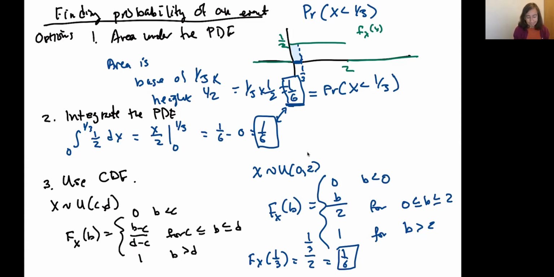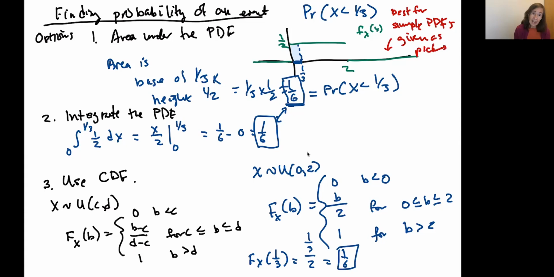In terms of situations under which one option might be better than another, this business of looking at the area under the PDF is best, maybe, very loosely, or recommended here for simple PDFs given as pictures.